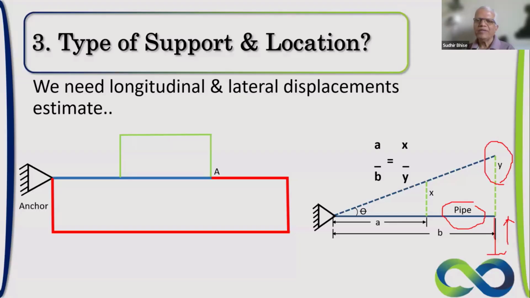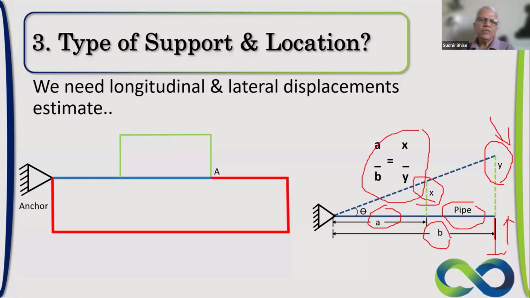Now, from simple trigonometry, we can write down this equation: A upon B. A is the point of interest where I want to find out any intermediate deflection in the lateral direction, and B is the point where I know that my y displacement, the lateral displacement, is known. Then we can simply write this equation A upon B is equal to x upon y.